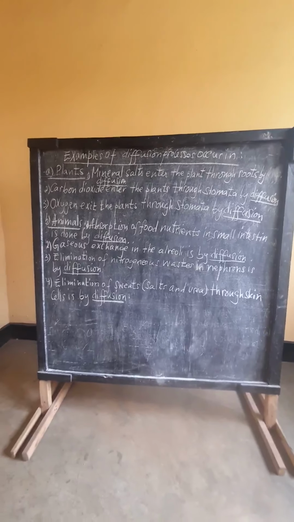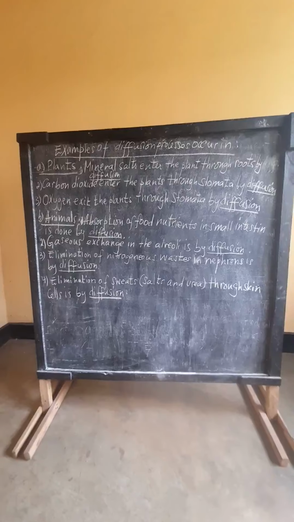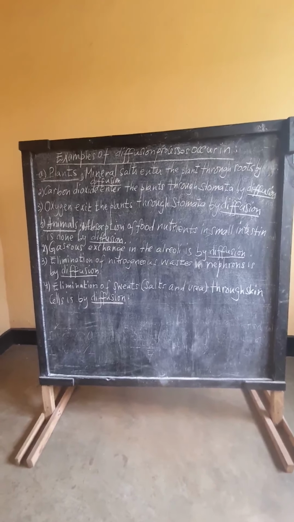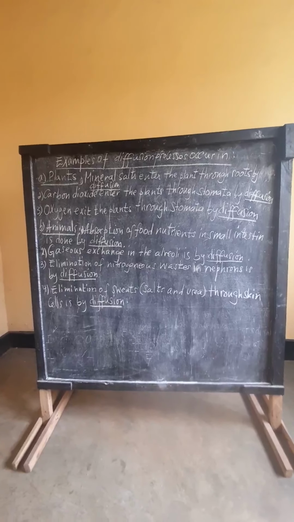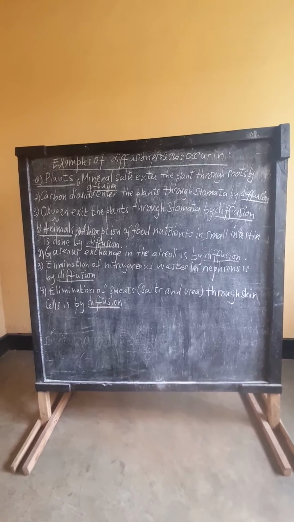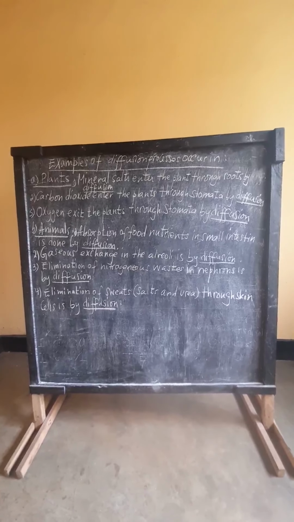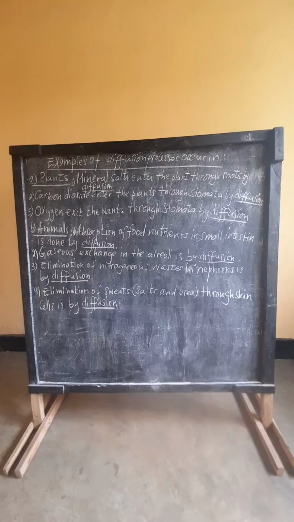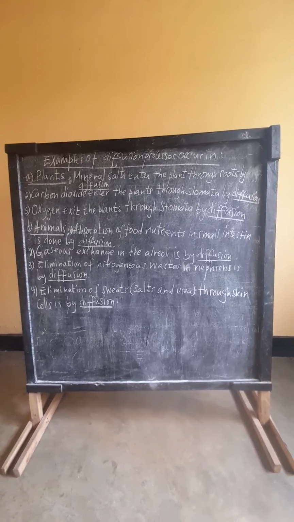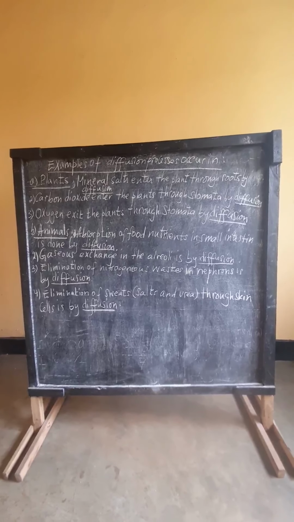And we have the third example, elimination of nitrogenous waste in nephrons. This is also done by diffusion. We will also talk about active transport later in the coming lesson.